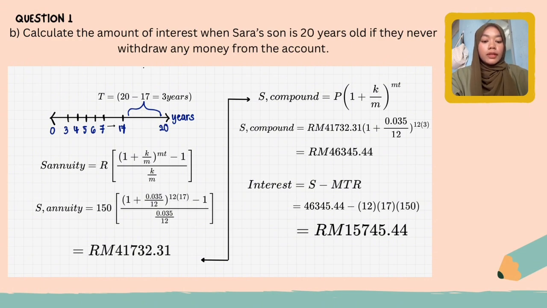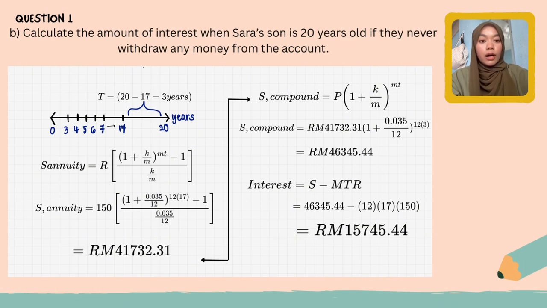Next is question 1B. Calculate the amount of interest when Sarah's son is 20 years old if they never withdraw any money from the account. In this question, we need to use two formulas, which are the formula of annuity and the formula of compound. We start with the formula of annuity. S equals R in the bracket 1 plus k over m to the power of mt, minus 1, over k over m.